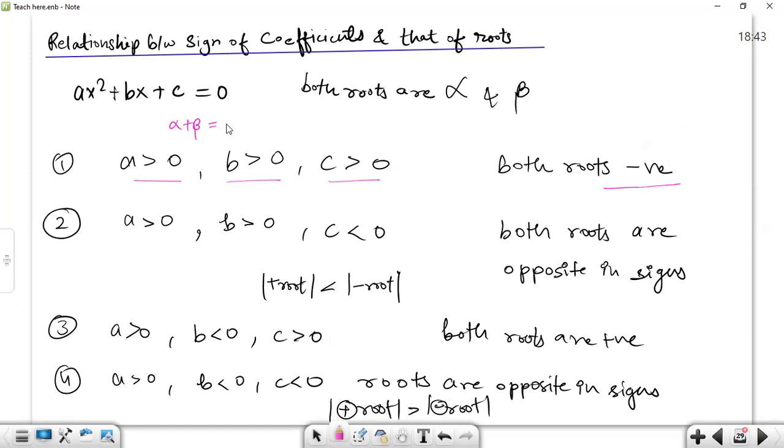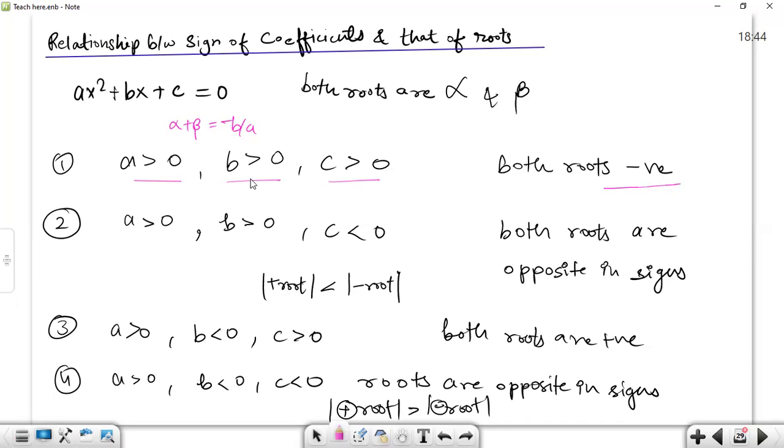So if it is minus b by a, and b and a both are positive, then alpha plus beta should be negative, right? When b and a both are positive, the division of both of them is multiplied by a negative sign here. So the overall will be negative, right?